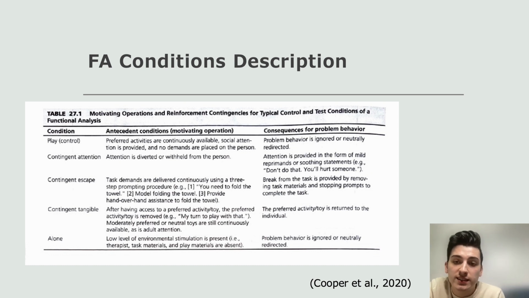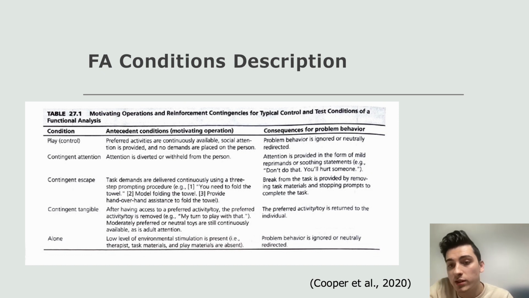Looking at the contingent escape condition, the assessor may ask the client to begin cleaning up their table, and as a response, the client begins to engage in headbanging. The assessor then removes the demand to clean up and cleans up the items on the table, therefore removing the task materials, and does not provide any other prompts to complete the task of cleaning up. So essentially, the client will stop engaging in the target behavior.